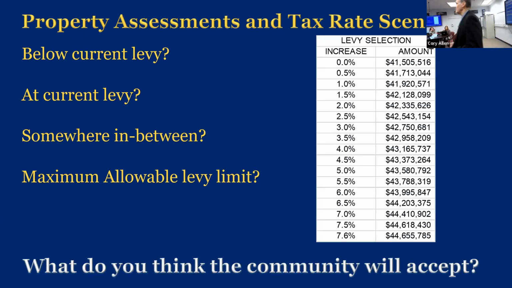I know you've done that, but I think we're going to allow a little bit more time. Again, a plug to stick around for the board meeting, because at the board meeting we're going to look at a long-range financial plan and a scenario of what happens by selecting different choices of the levy. We'll bring that forward to you at our next meeting so you can see the impact. So again, really think about what you think the community will accept. I think you get a better picture once we start putting the budget numbers together.